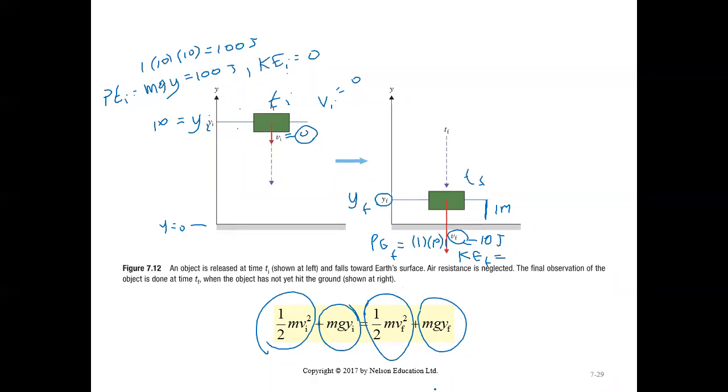So whatever the total mechanical energy before is, 100 plus 0, potential plus kinetic, is equal to the total energy now, which is 10 potential plus the kinetic energy. Now you can find the final kinetic energy. This must be 90 to keep the balance. So we can use this technique, the law of conservation of mechanical energy, to solve certain things.